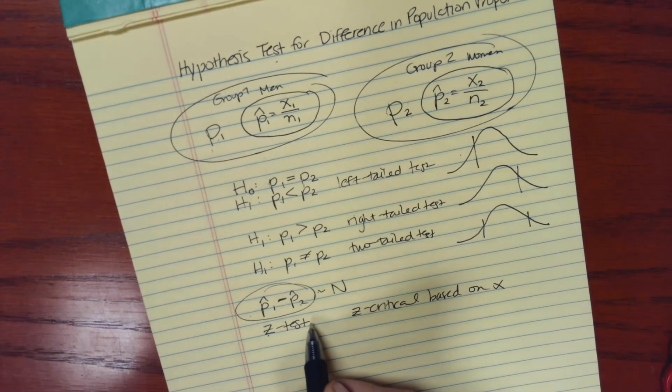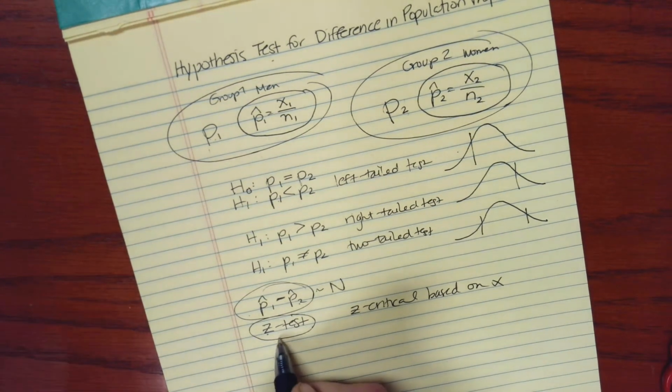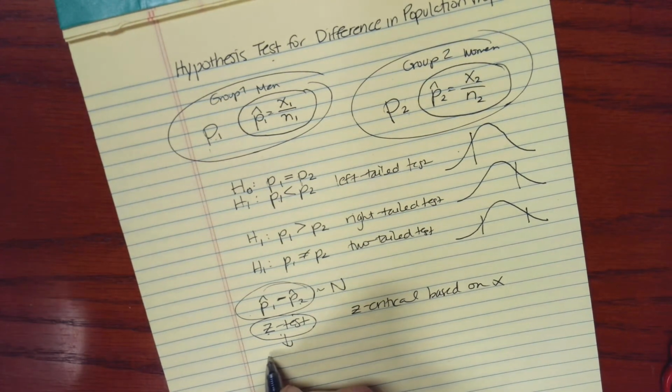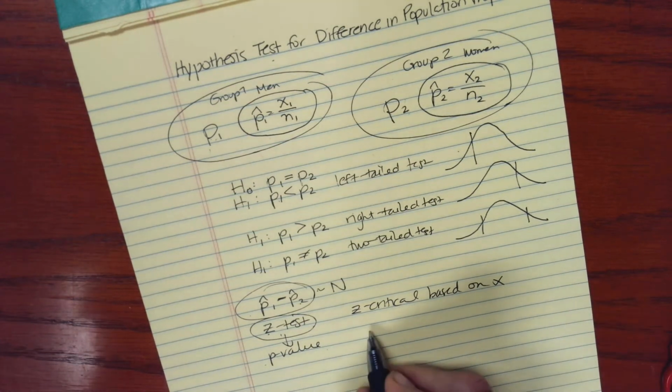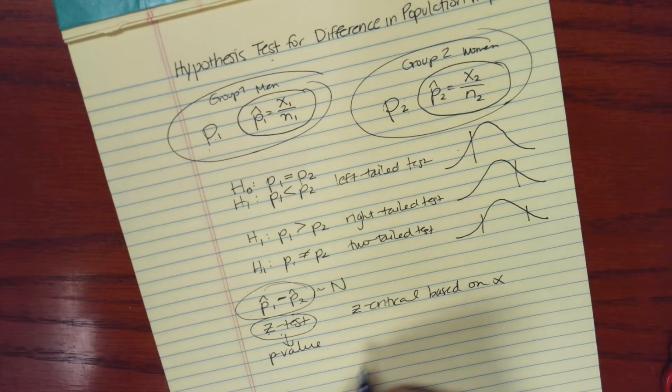Once I find the test value, I could also then use that to look up a p-value, and I could compare my p-value directly to the level of significance.